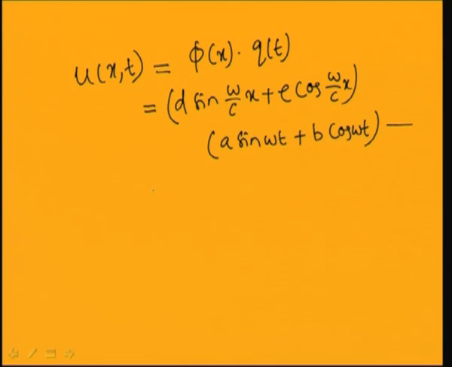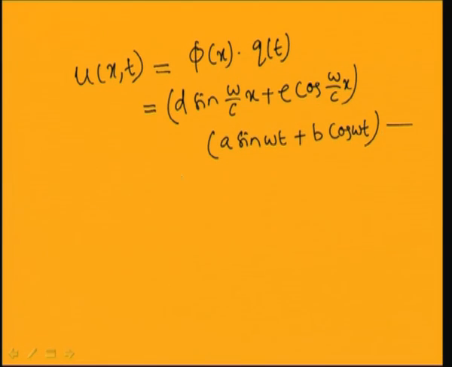So, by using this expression I can represent the vibration of the string or the rod or the longitudinal vibration of the beam. You may note that this D, E depend on the boundary conditions and A and B depend on the initial condition of the system. So, this time function, that is a sin omega t plus b cos omega t, the coefficients A and B depend on the initial conditions.